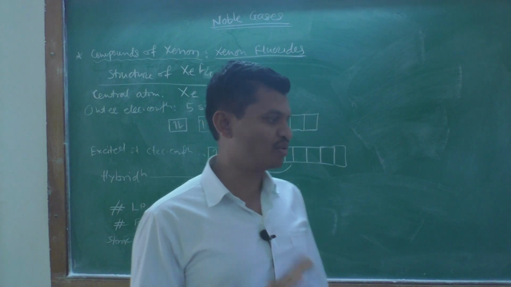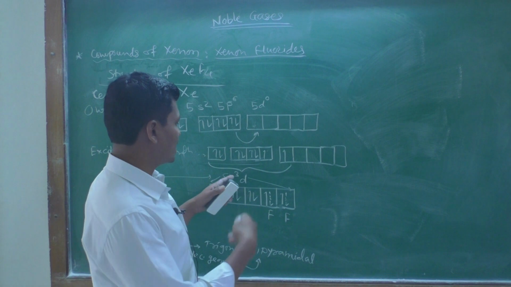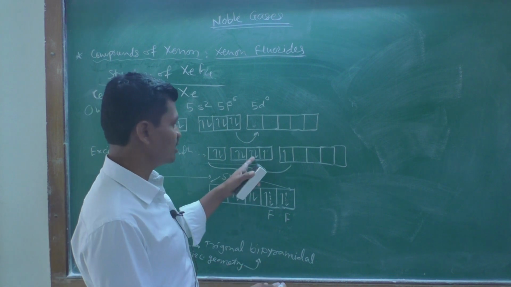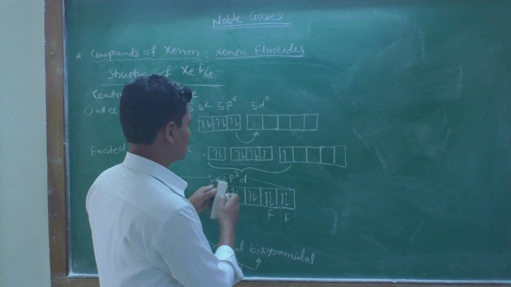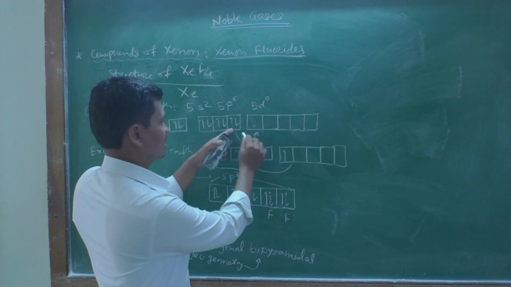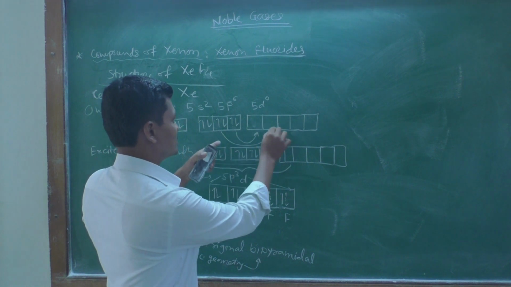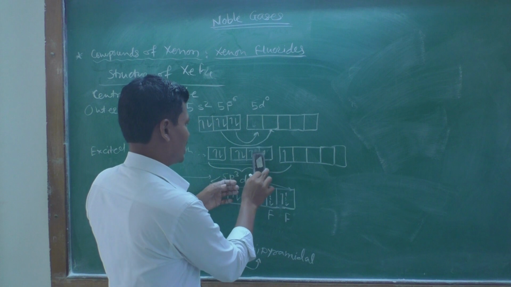Means we must show another excitation of the p orbital. So this p orbital electron gets excited to this, and this p orbital gets excited to this, and we have this situation.